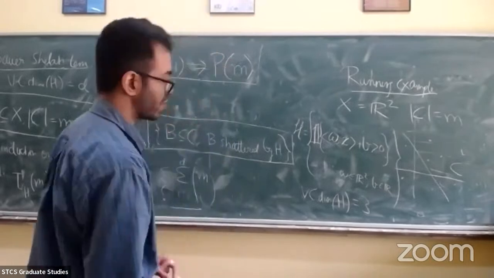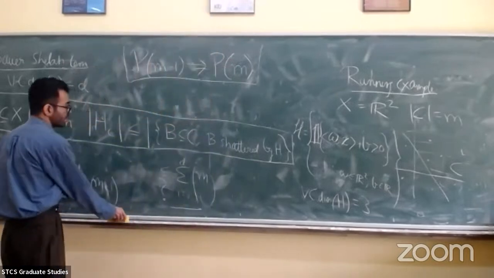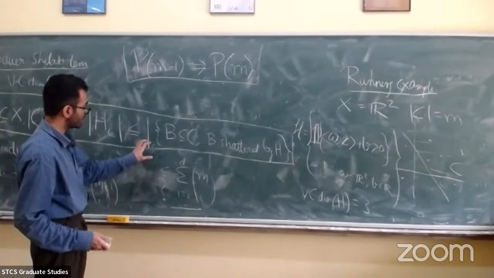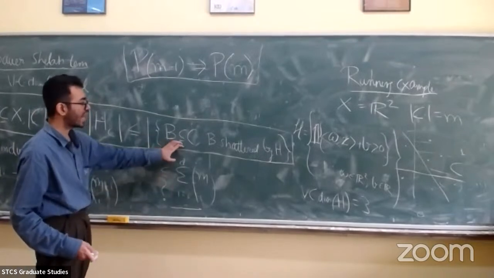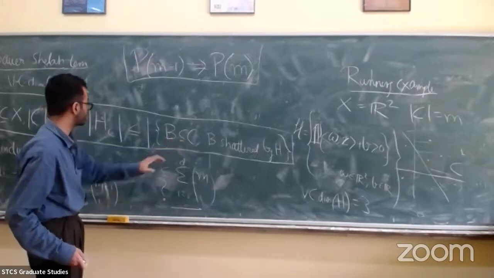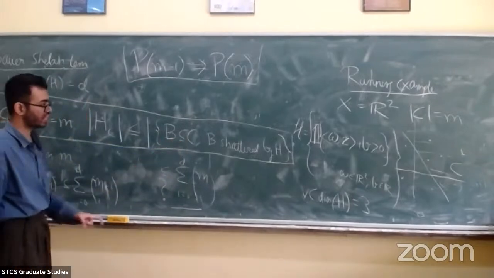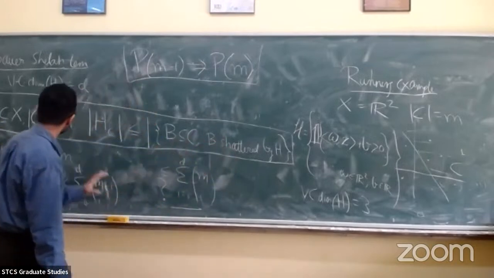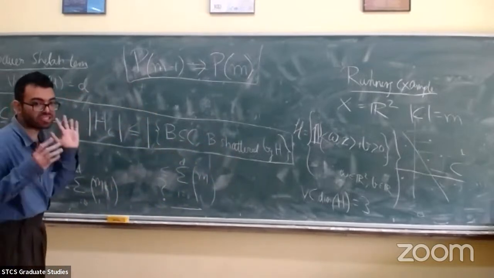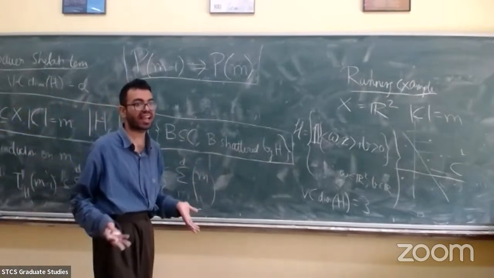Okay, you want me to repeat that? Which part? First of all, why is this bounded? Remember, I'm counting the number of subsets of C which are shattered by H. Because the VC dimension of H is D, no subset of size bigger than D can be shattered by it.